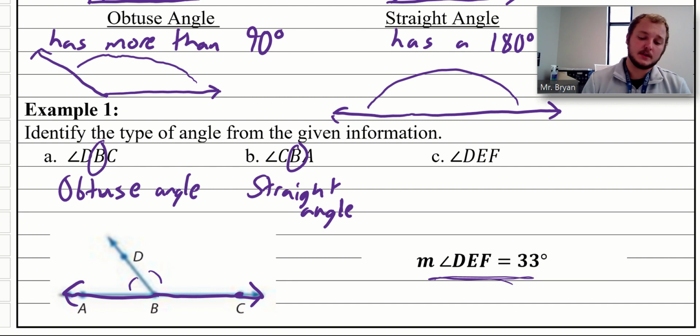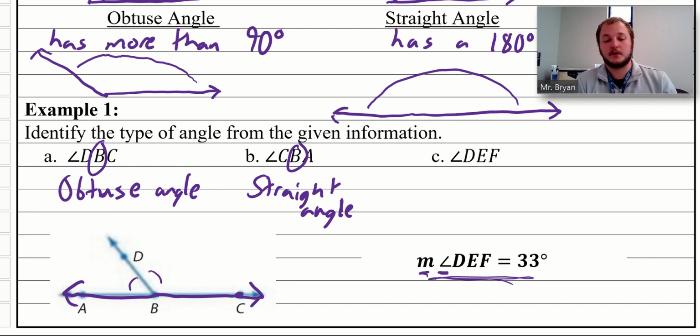Okay? And then last one here, it's asking for angle DEF. Using this terminology, just as a reminder, angle is the symbol that we use here. If you ever see a lowercase m in cursive right in front of this, all that's asking for is the measure of. It's saying the measure of angle DEF is 33 degrees. So I don't even have a picture of it, but I'm already telling you how many degrees it is.